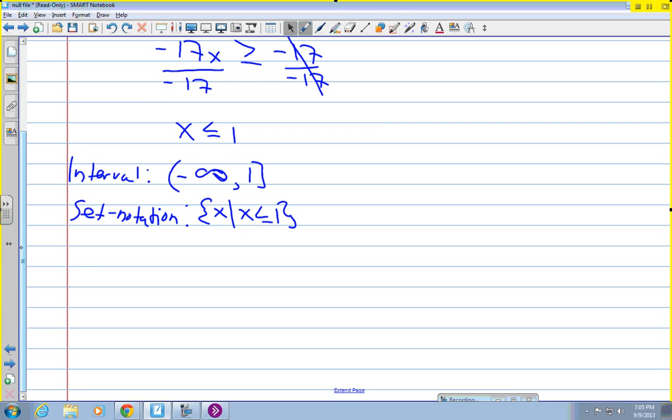You're sometimes asked to graph this thing. So the graph of this solution is, if this is 1, everything to the left of 1. Now you also have to somehow express that 1 is a part of the solution, and your book does the bracket right on the number line.